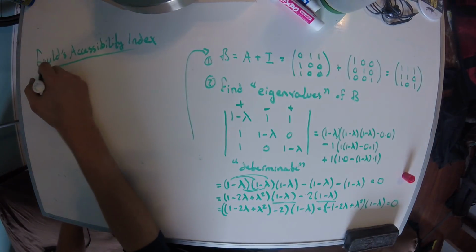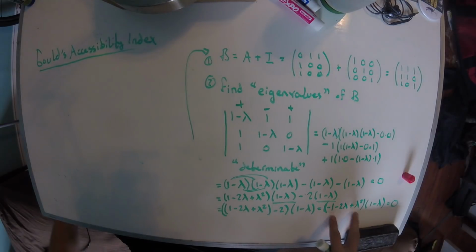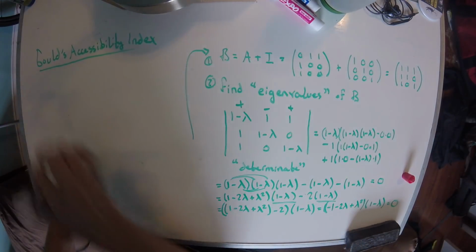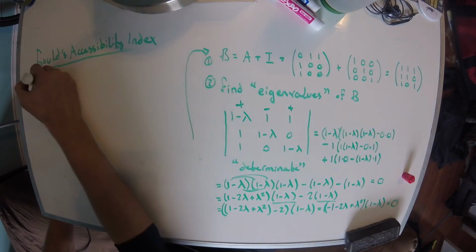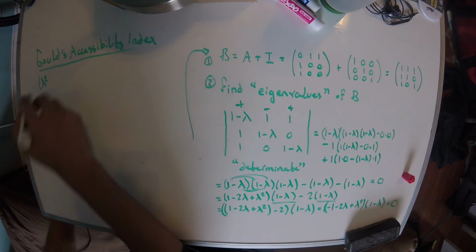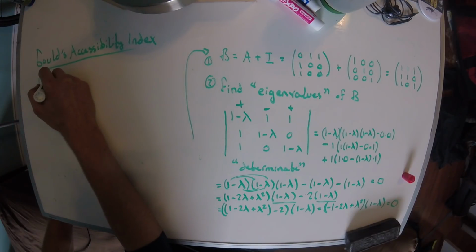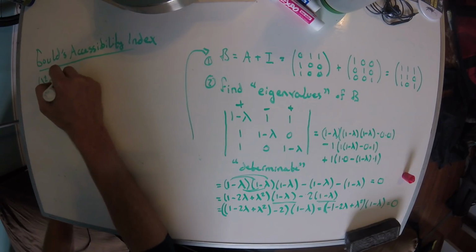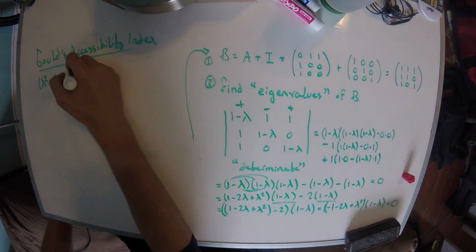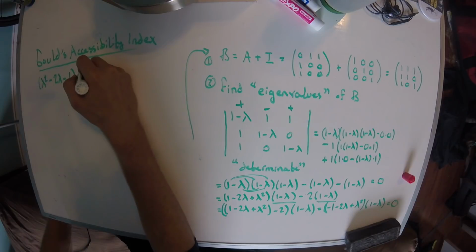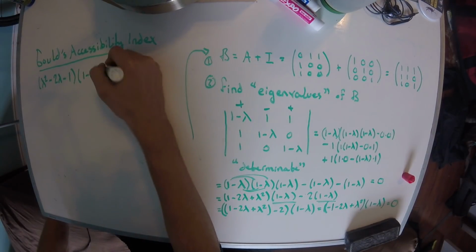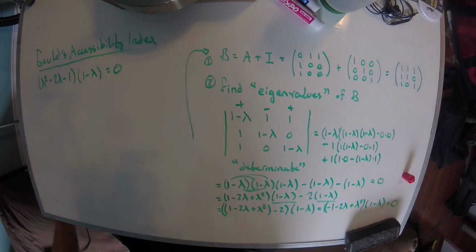I'm going to reverse the order of the terms in this section. So I'm going to rewrite it as lambda squared minus 2 lambda minus 1 times 1 minus lambda equals 0.